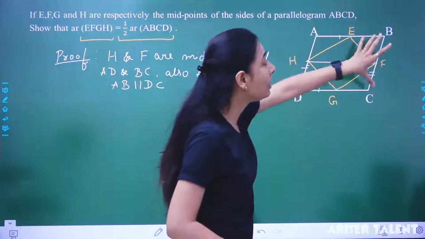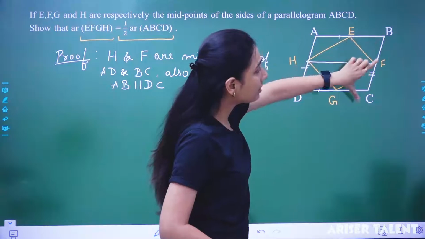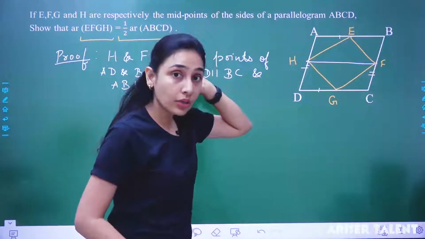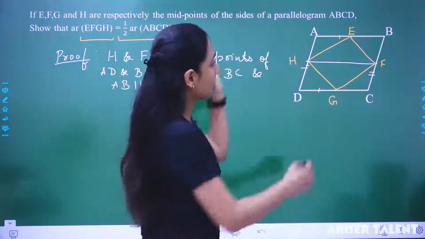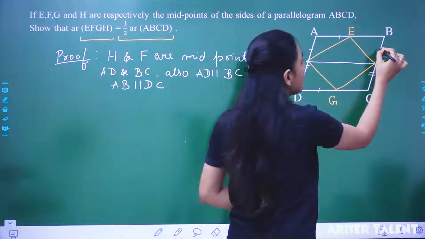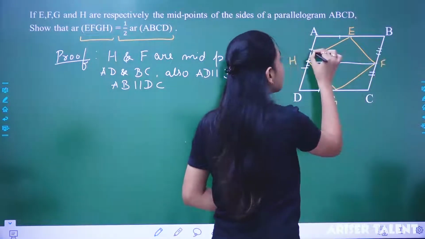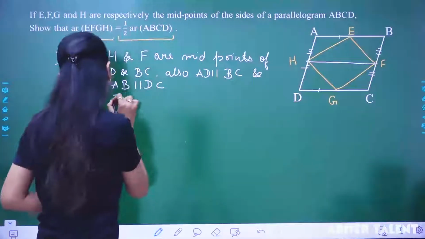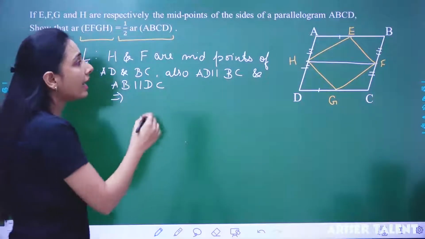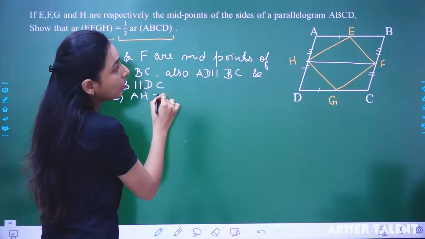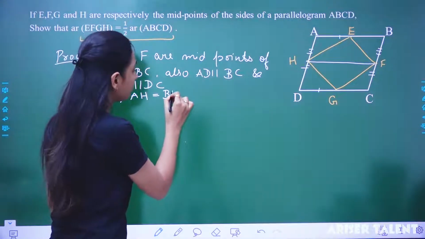Similarly, F divides the line BC into two equal halves, BF and FC. So the line segment AH is equal to BF.